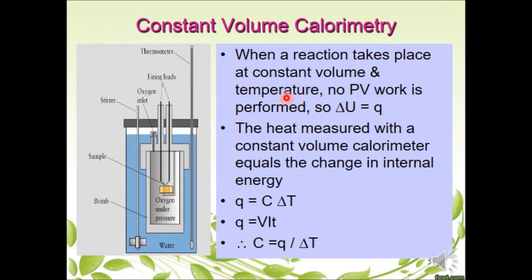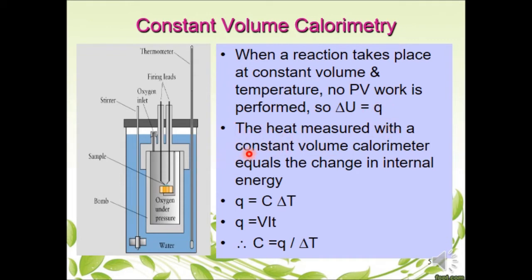If the volume is constant, no PV work is done, because ΔU is equivalent to Q plus W, where W is equivalent to PΔV. So if V is constant, no PV work is done. Therefore the internal energy change will only be equivalent to heat.